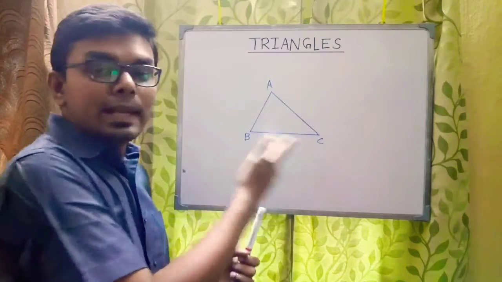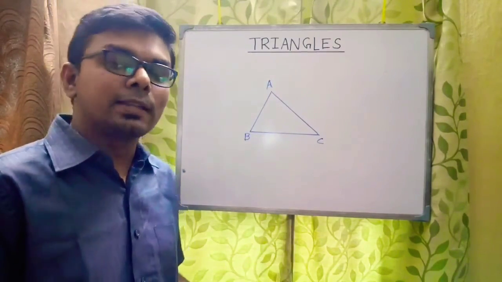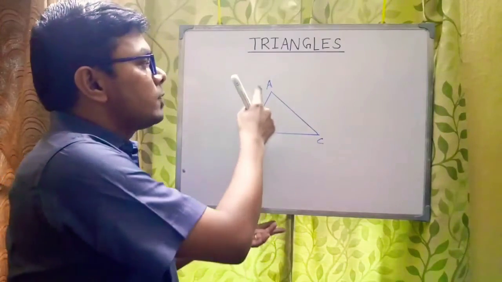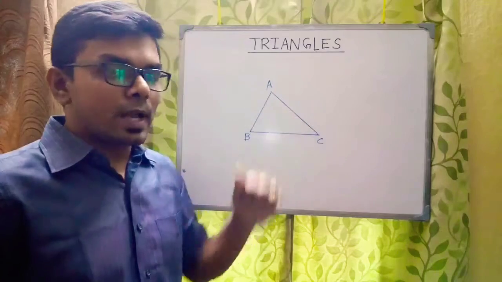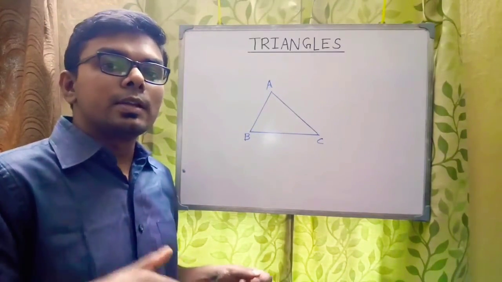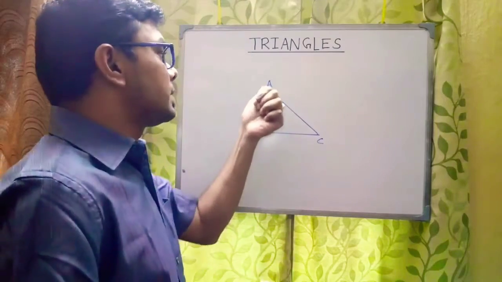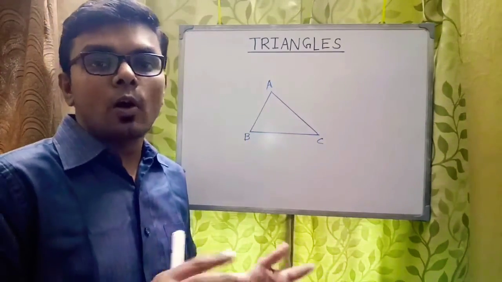Now we name the vertices like this with capital letters. That has been the convention and that should be followed. I have written here A, B and C. So the name of this triangle is ABC. You could name a triangle in a different way also. You could have written PQR. So that would have been triangle PQR or XYZ.